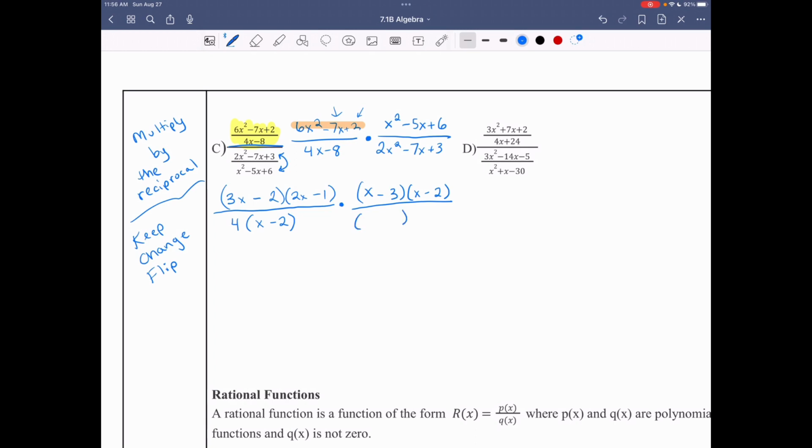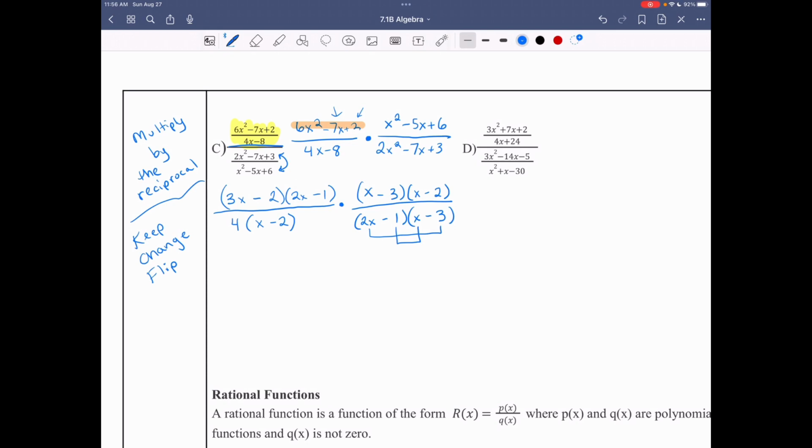So I have to get 2x squared, and 2x times x gives us 2x squared. Then we want a positive 3 and a negative 7, so they're both going to have to be negative, because a negative times a negative will give us a positive 3. I'm going to put the 3 here so that these multiply to give us negative 6, and then I'll put the 1 here so that we get negative 1.